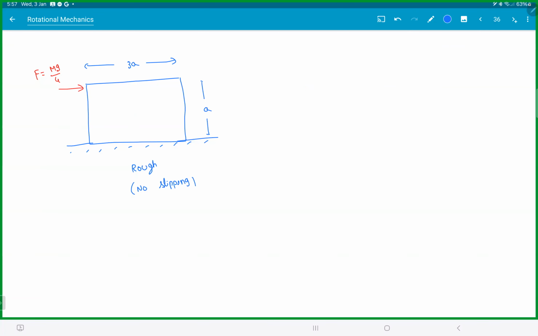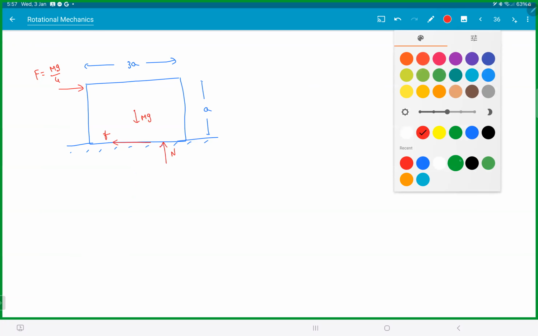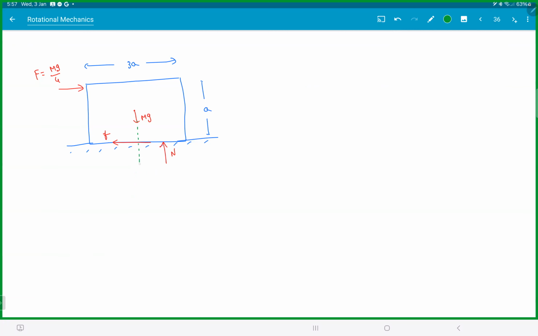The story is still the same. Mg, normal reaction, friction. Let this be x. So indirectly, I'm asking you to find x. Try. You got a minute.